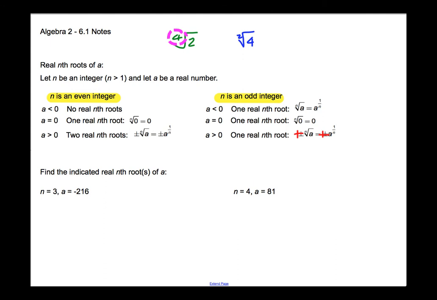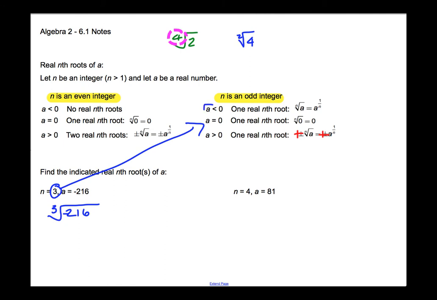But for example, let's look down here. If n is 3 and a is negative 216, so I'm looking for the cube root of negative 216. Well, n is odd, so I'm looking on this side right here. And my number a is negative 216, so it's less than 0.